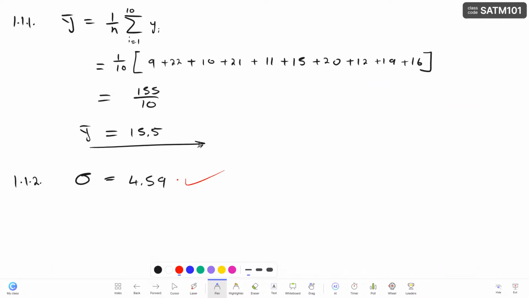So here we're going to say 1.1.3. So 1 standard deviation below the mean. First of all, I want you to remember this formula.